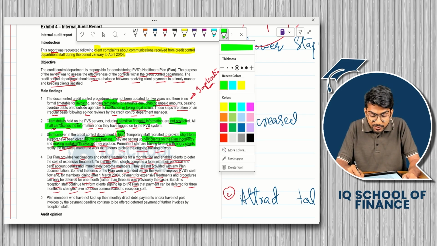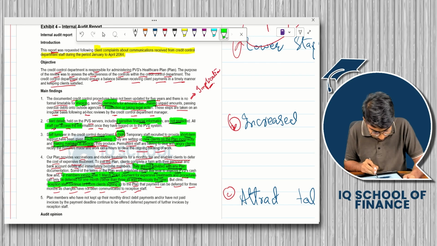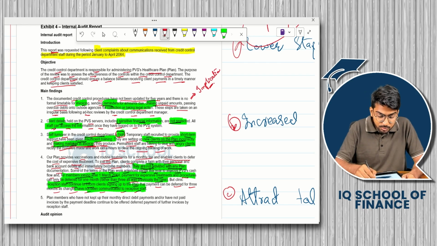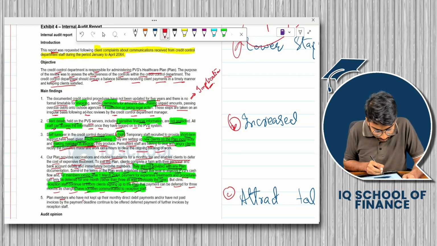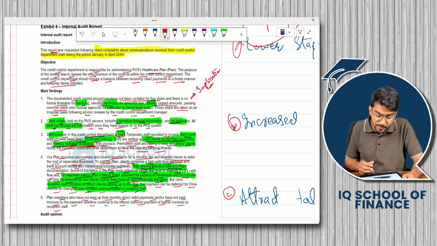Let me highlight a few points for our notice. Alright, so the last point: plan members who have not kept up their monthly direct debit payment or have not paid invoices by the payment deadline continue to be offered deferred payment for further invoices by reception staff.